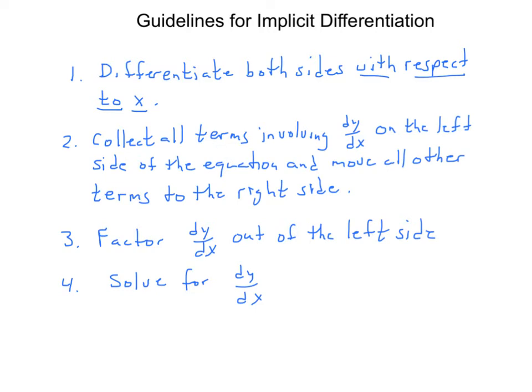If you prefer, you can use the alternate notation y prime for the derivative, if you're more comfortable with that. Anything with the dy dx goes onto one side of the equation. Anything without the dy dx goes to the other side.